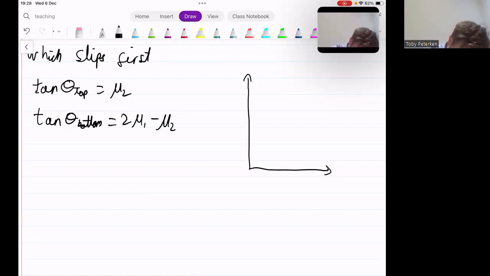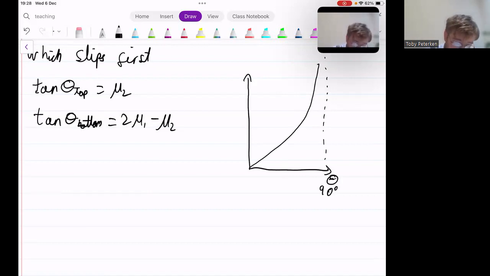So if we plot tan theta against theta, this here is 90 degrees. We see it goes like this, where it goes off to infinity at 90 degrees. In other words, as theta gets bigger, tan theta gets bigger. So we need to work out which of these is biggest.